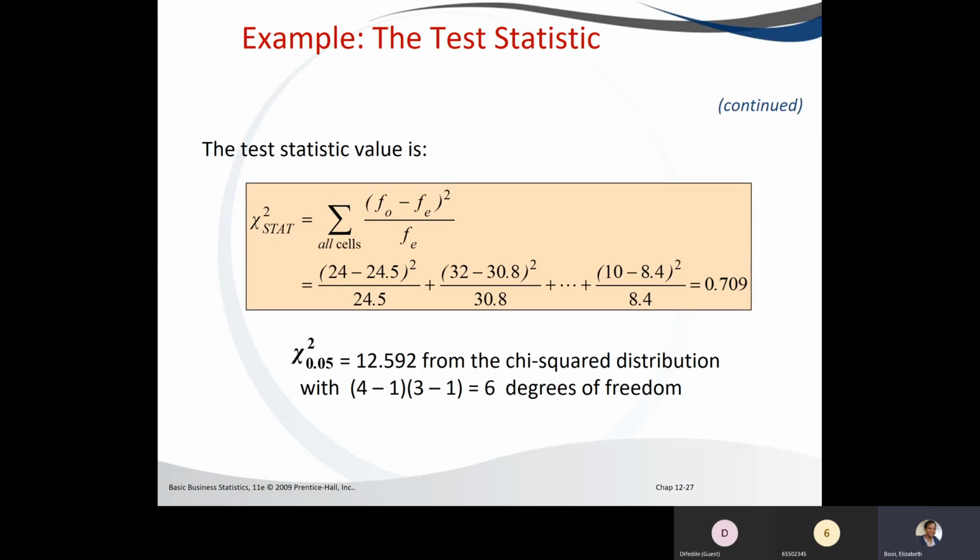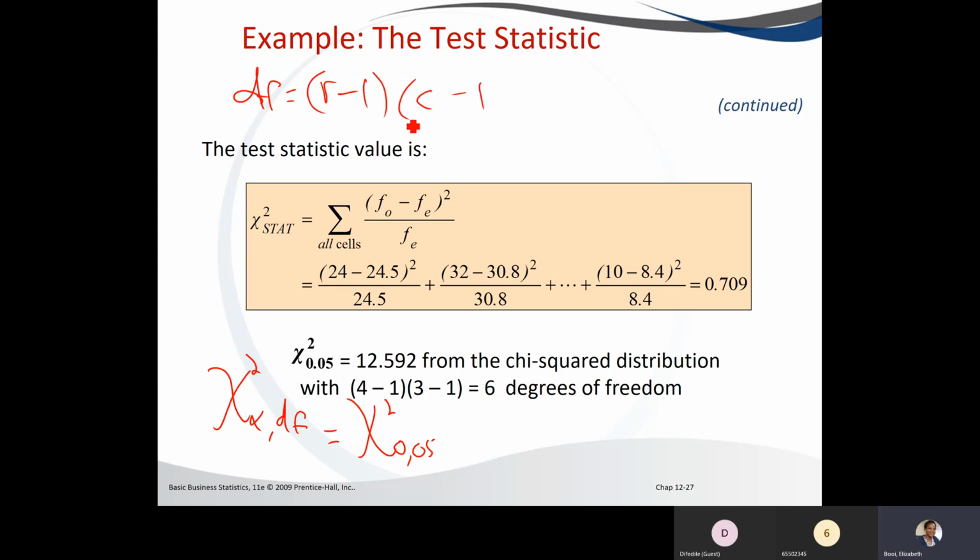Then you go and find the critical value. The critical value, we find it using alpha and the degrees of freedom. Now, our alpha in this instance is 0.05. So degrees of freedom for this, we said it's number of rows minus 1 times number of columns minus 1.